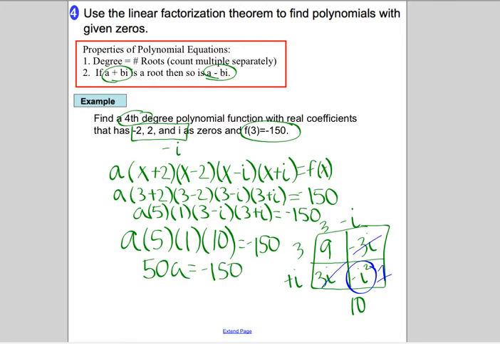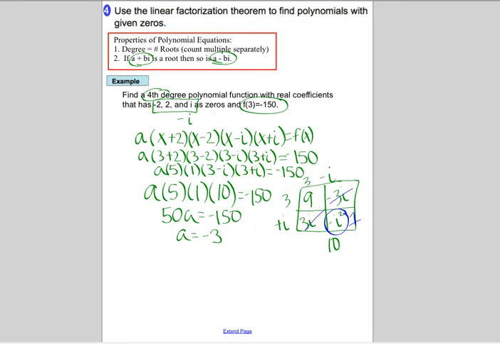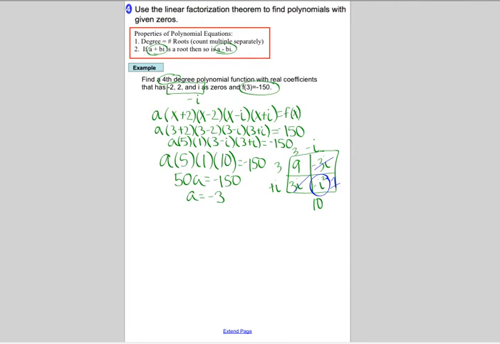And so our a is going to be negative 3. Now, the polynomial here would be f of x equals negative 3 times, and actually let's start this on a new page so we can see better.